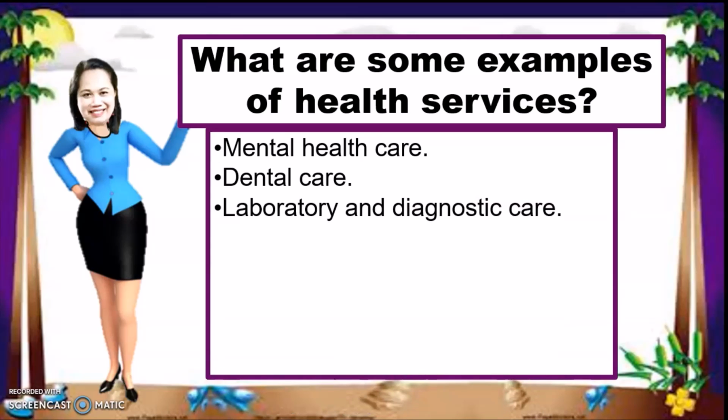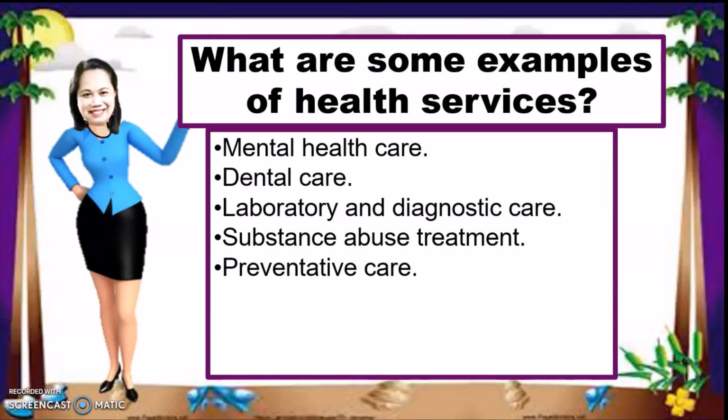If you want to have blood chemistry, or an x-ray because you have a fracture, or a CT scan, then you go to the laboratory and diagnostic care. If you are a drug addict and you want to be cured, then you go to the substance abuse treatment so that you will be cured.